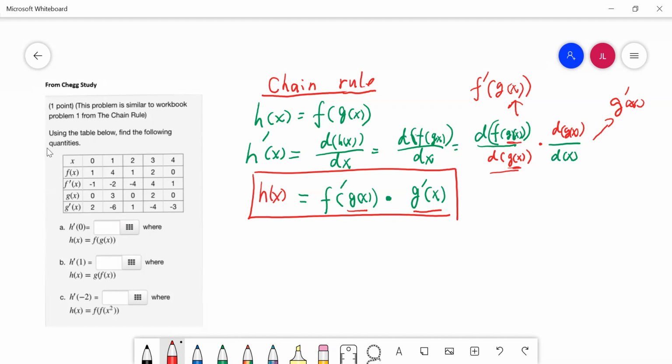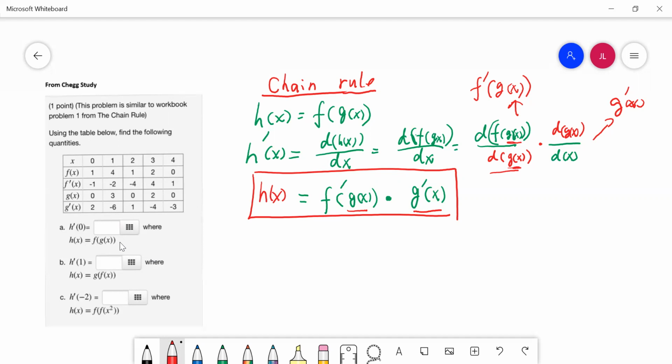Here the table gives you x and the f(x) derivative at these given points, and g(x) and g(x) derivative at the x values 0, 1, 2, 3, 4. The question asks you to evaluate the derivative of h at 0, given h(x) is a composition of functions f and g, f(g(x)).